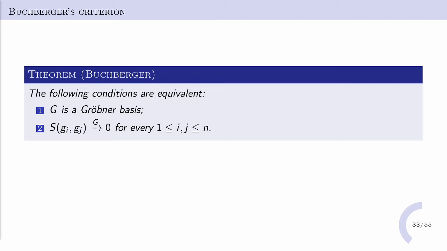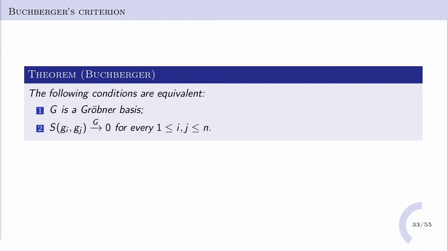And this is antisymmetric, so if we check gi, gj, then gj, gi is minus this, so if one of them reduces to 0, the other one reduces to 0 as well. So in fact, if G consists of n elements, then we have to check only (n squared minus n) over 2 pairs of polynomials.